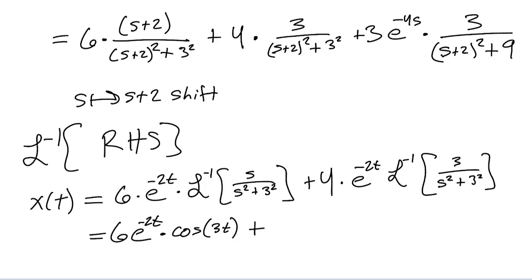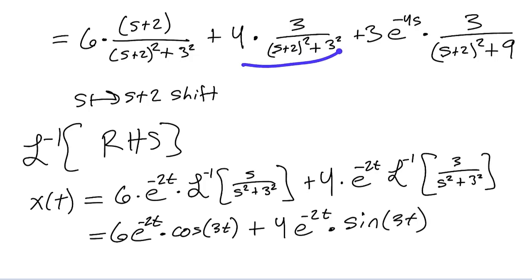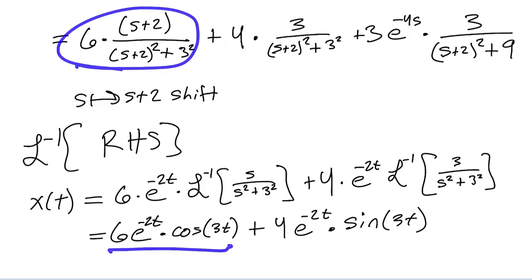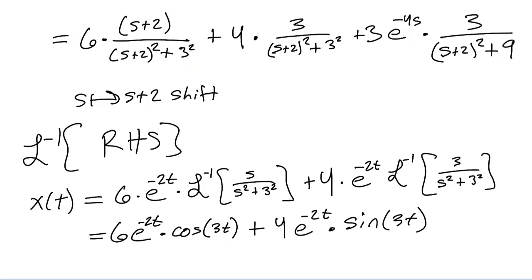And so that's going to be 4 e to the negative 2t times sine of 3t. So now I've accounted for this, giving me 4e to the negative 2t sine of 3t, and this giving me 6e to the negative 2t cosine of 3t.